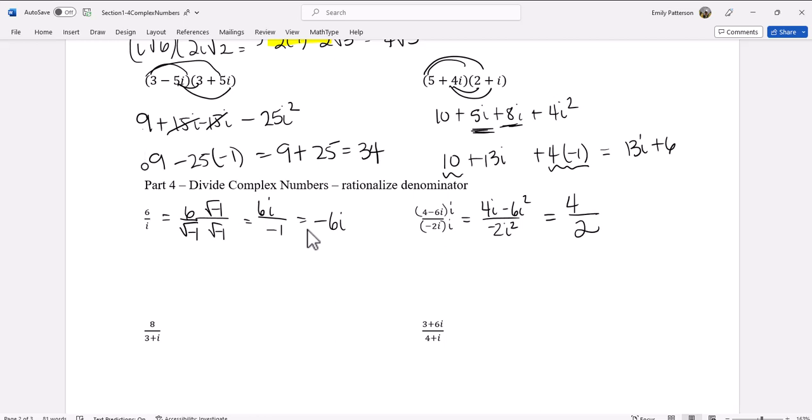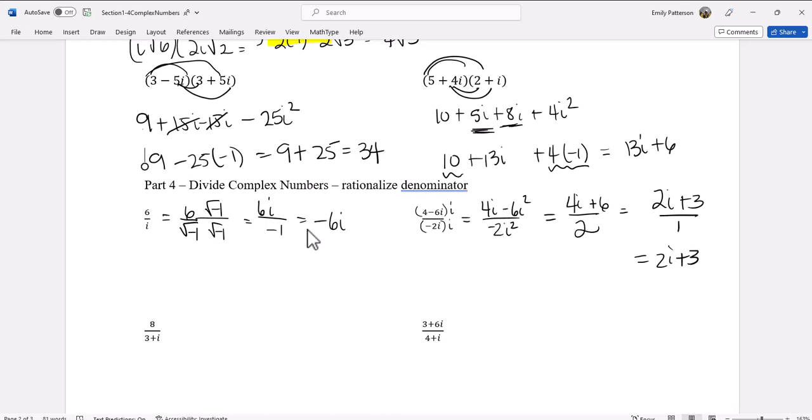On top, I have 4i minus, well, 6 times a -1 is -6, so we're going to add 6 to the top. And then old school simplifying, I can divide everything by 2. So this is actually the same as 2i plus 3 over 1, or just 2i plus 3.